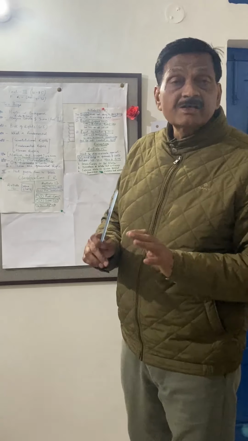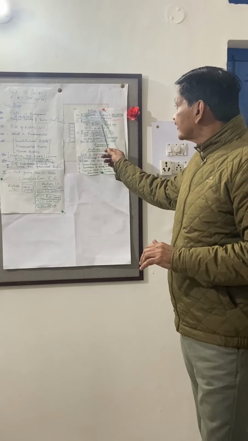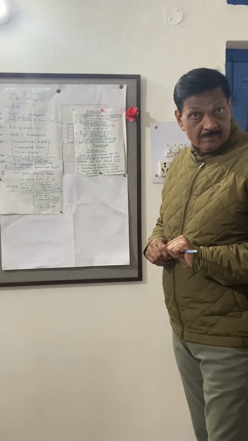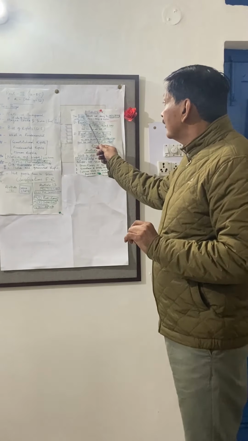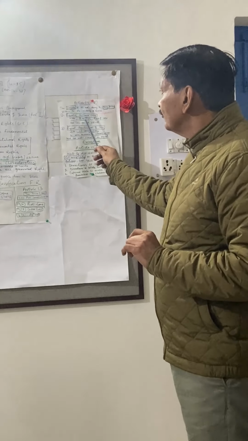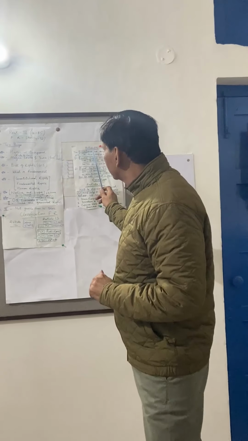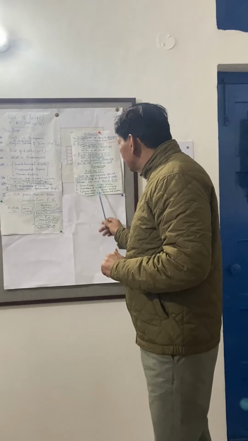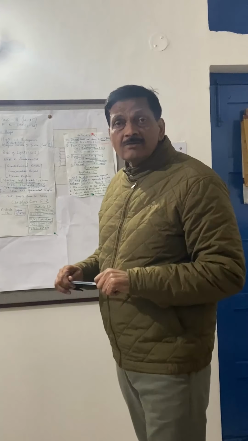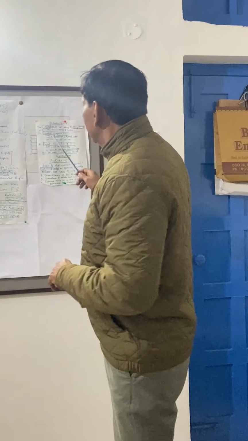Now let us shift to the basic fundamental articles, which start from Article 14. The first article in this list is Article 14, which deals with the right to equality.